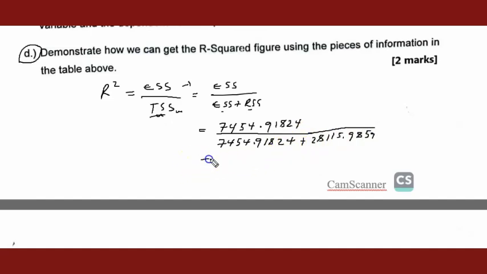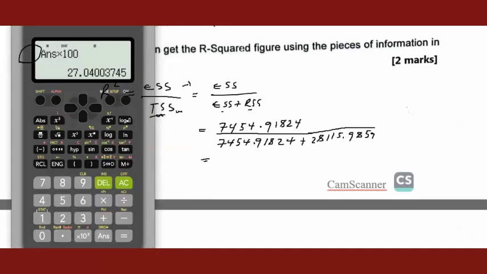Then once we have this, all we need is just to use the calculator and calculate that. So let me just get my calculator. So here is my calculator. We have 74,054.91824, divided by open bracket, we just need to put everything in the calculator because of time, plus 2,815.9859, like that, and close the brackets, equals.